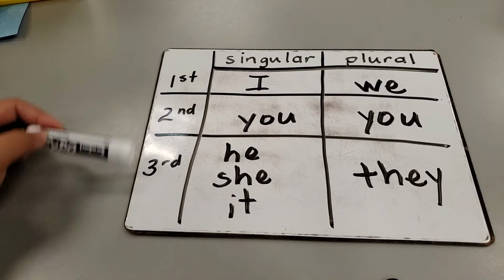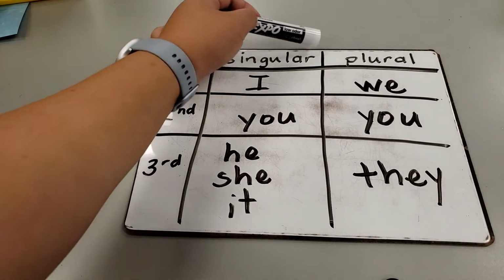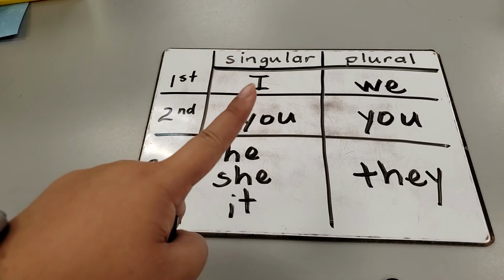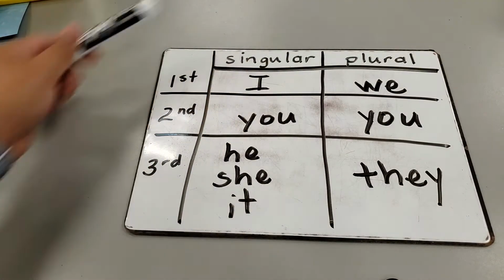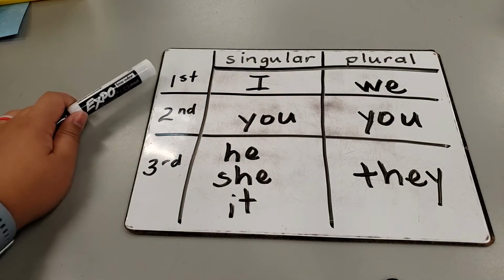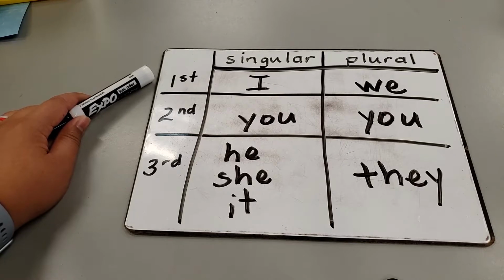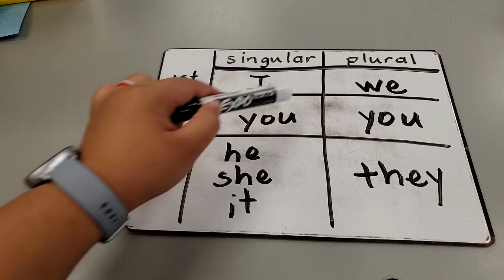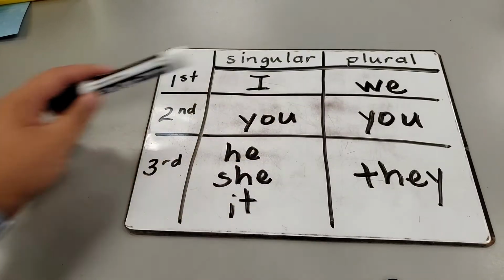At the top here you'll see the words singular, or one person, and plural, more than one person. First person, remember, it's all about me. So we use the pronouns I and we.